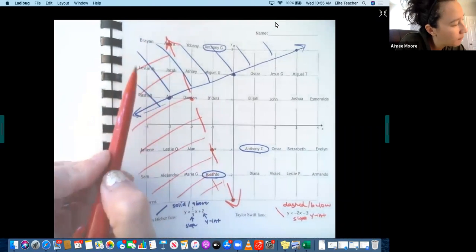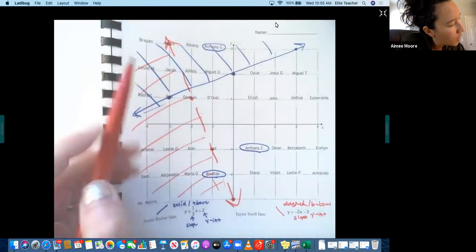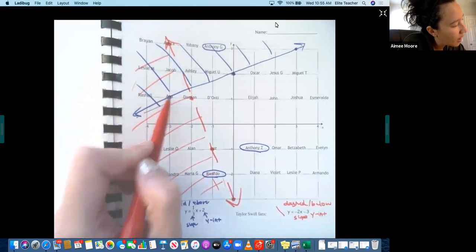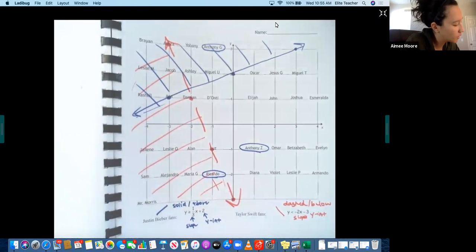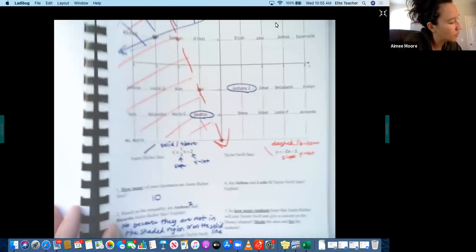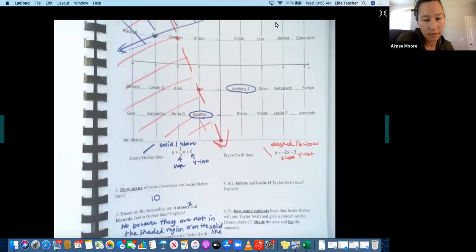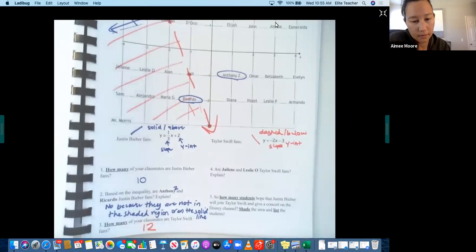So we have 1, 2, 3, 4, 5, 6, 7, 8, 9, 10, 11, 12, and Mr. Morris is the teacher, so it asked how many students, so it would be 12. 12 students are Taylor Swift fans.